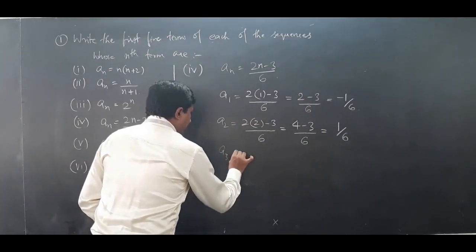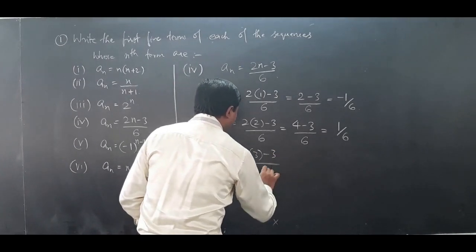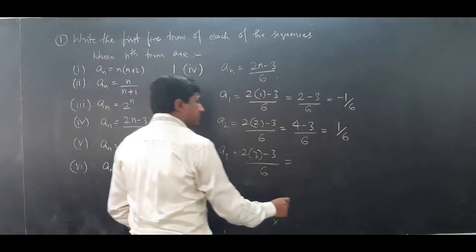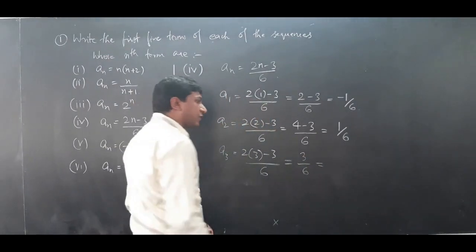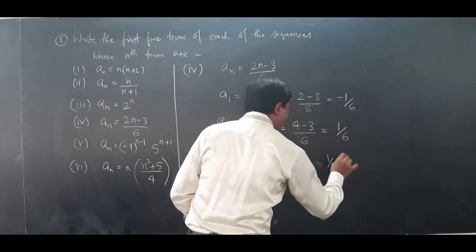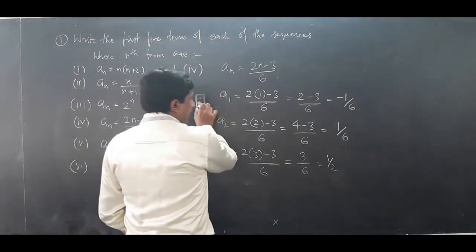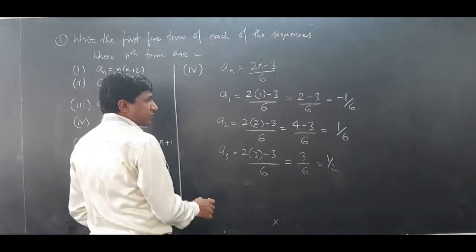Third term, 2 into 3 minus 3 whole divided by 6. 2 3s are 6 minus 3 is 3 by 6. On further simplification, this is 1 by 2. I'll erase these, then we'll find out the fourth and the fifth terms.